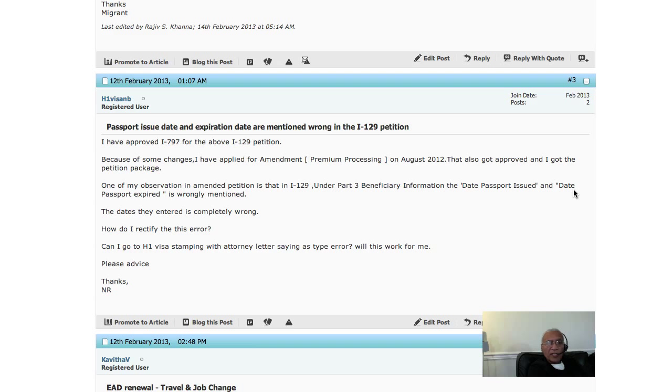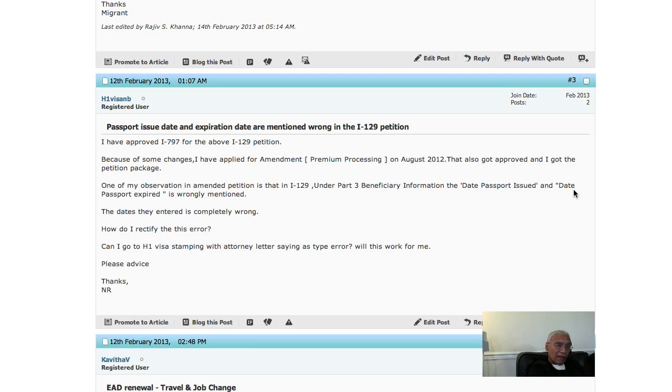The only way you can change it is to refile the H1, okay, as far as I know. Well, the good news is because you were on premium processing, you can double check with just an email to the premium processing supervisor or the premium processing people. You can even call them and say, we've got this problem, what do you want us to do? I do not think they can do anything about it. I think they will ask you to refile.